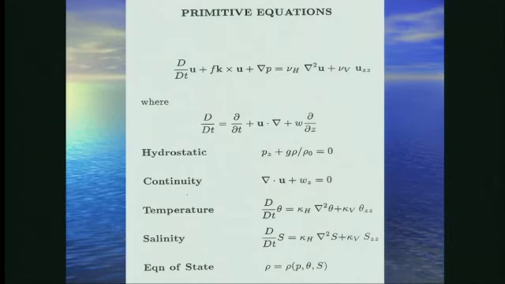Temperature and salinity both have these vertical components over here, which represent physical turbulence and a physical process.